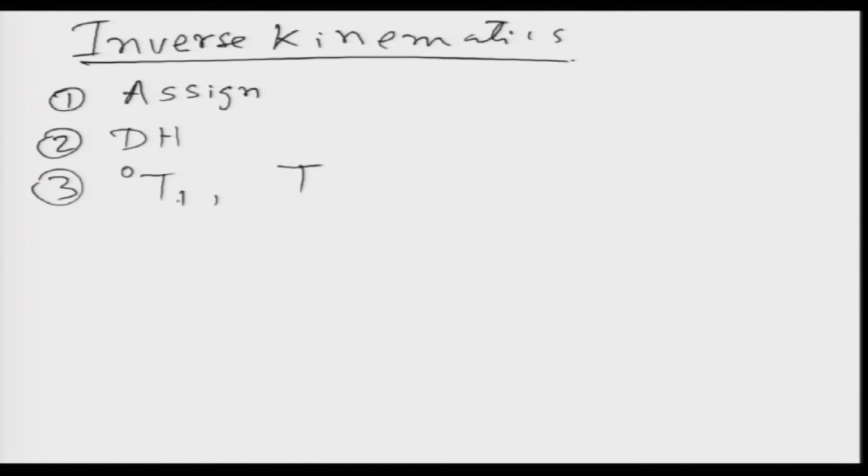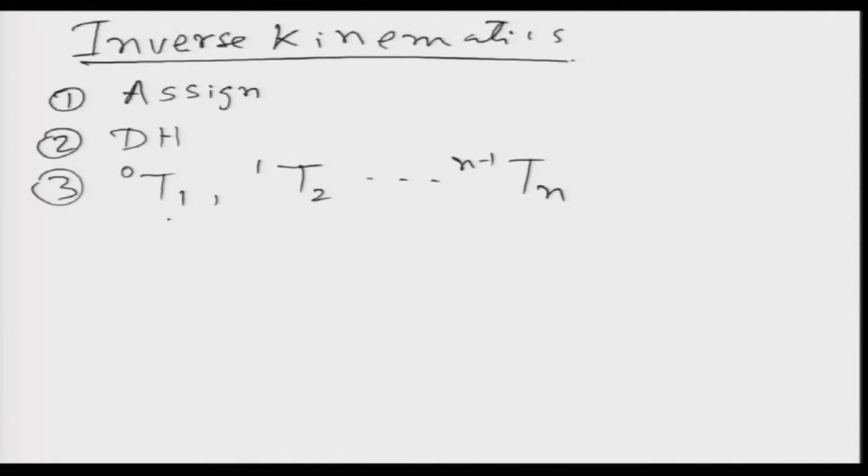So this one gives the relation of axis 1 to axis 0, this one gives the relation between axis 2 and axis 1, like that up to T n minus 1 to n, which is the last frame. Using each row of the DH parameter table, we put it into the generalized matrix and get each of these matrices which correlate one frame to the previous frame.